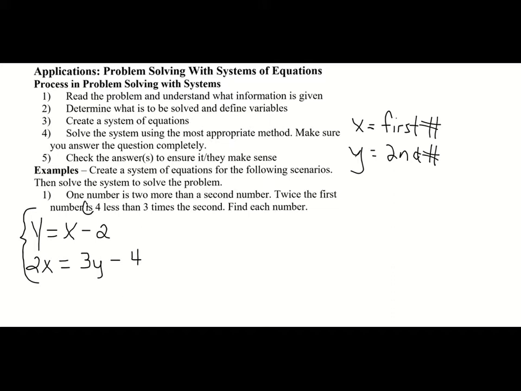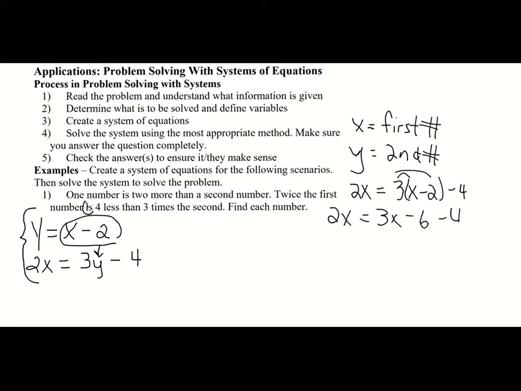And as you can see, this one lends itself to substitution because we have that y equals equation. So I'm going to plug in this x minus 2 where the y is. So we're going to have 2x is equal to 3 times x minus 2 minus 4. And that will give us 2x is equal to 3x minus 6 when I distribute, minus 4.